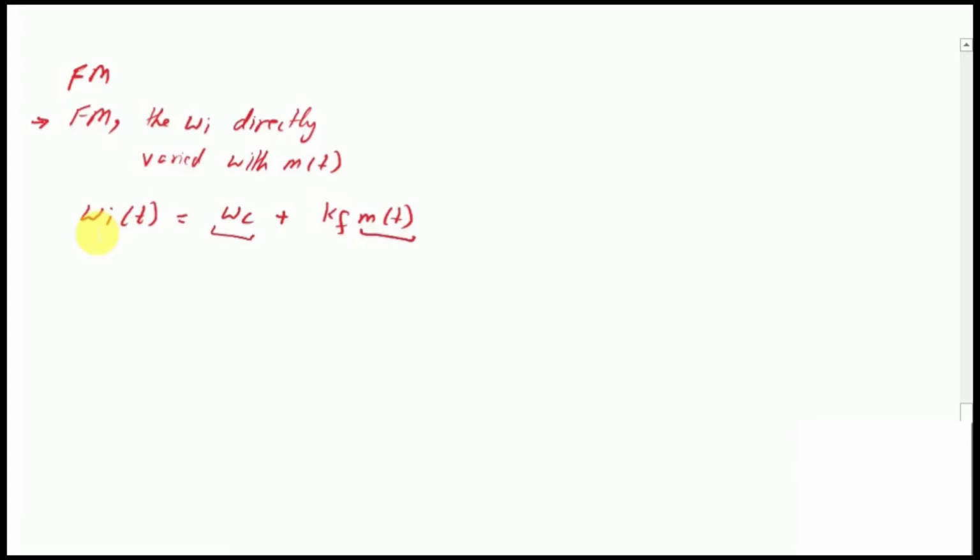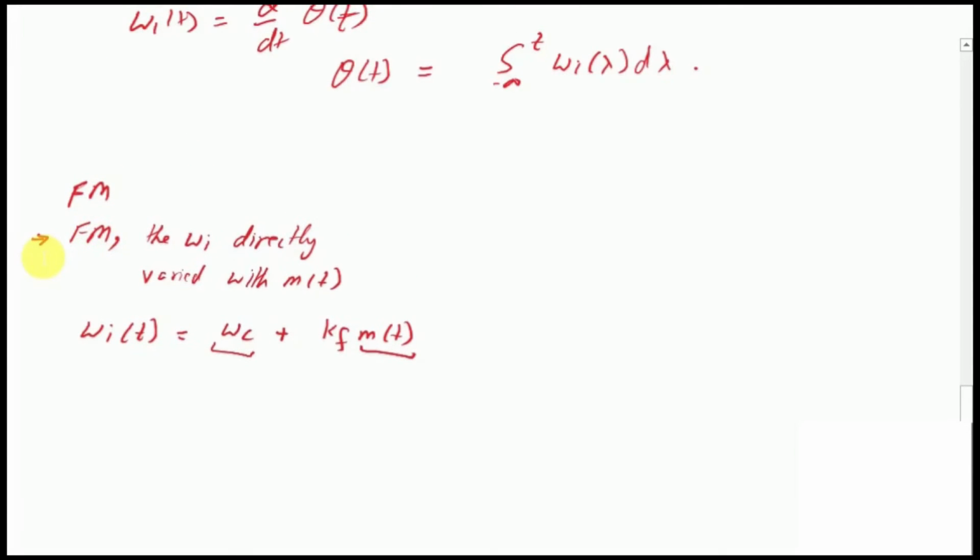But if we're going to talk about the message signal, remember we're going to send a signal s of t through the antenna, which is having a constant amplitude but theta of t. So this theta of t is being varied with respect to the message signal. So the relationship over here is, if you take the integral of it, you will get theta of t.